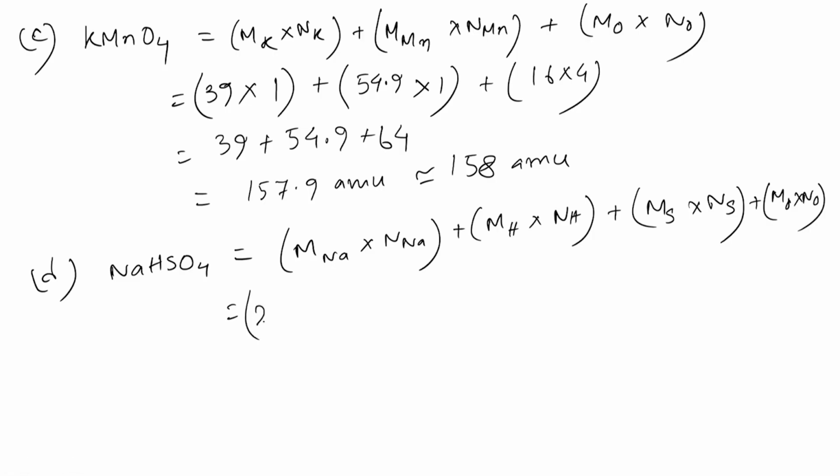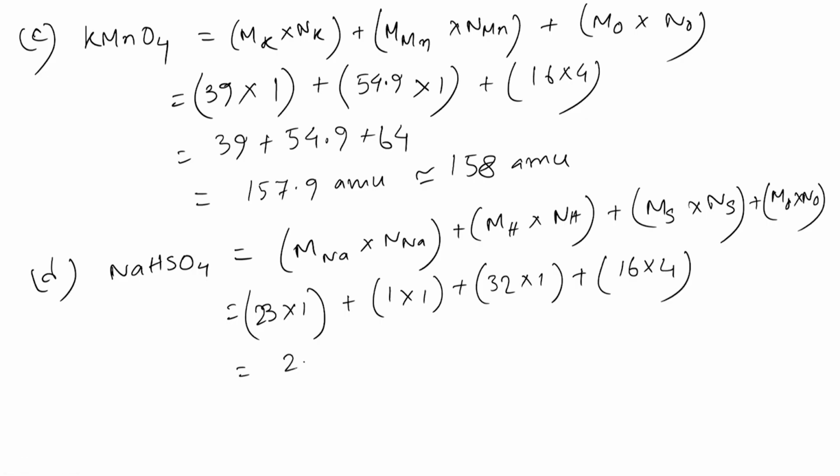So this comes as 23 into 1 plus 1 into 1 plus 32 into 1 plus 16 into 4. So this comes as 23 plus 1 plus 32 plus 64. This comes as 120 AMU.